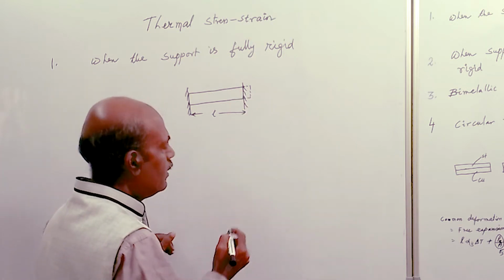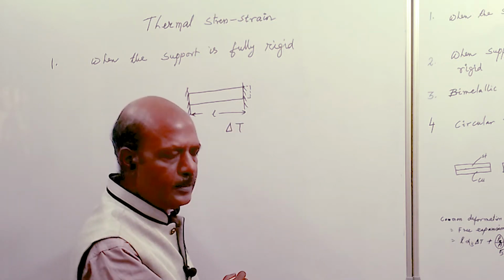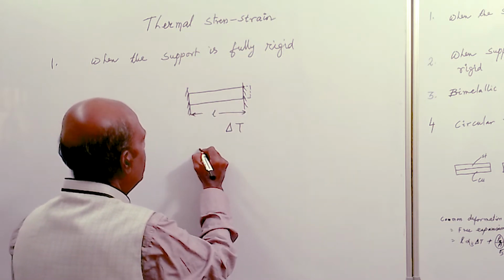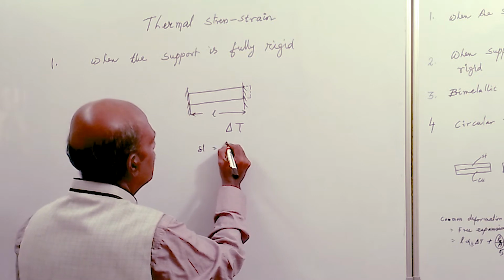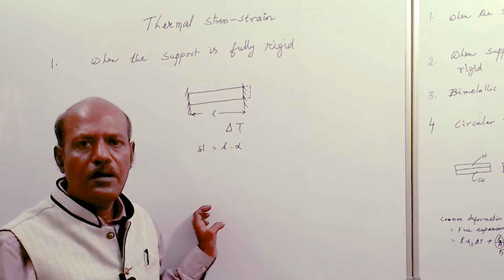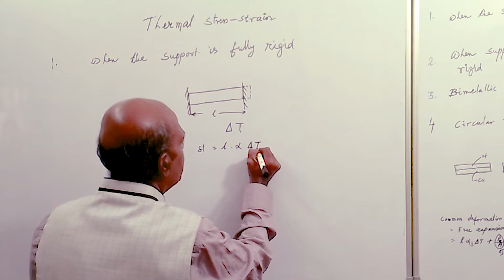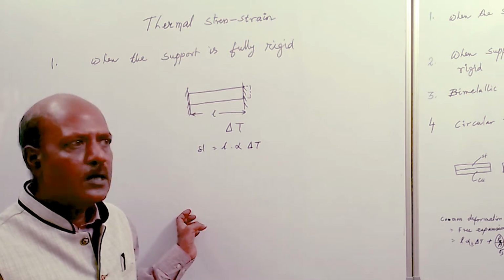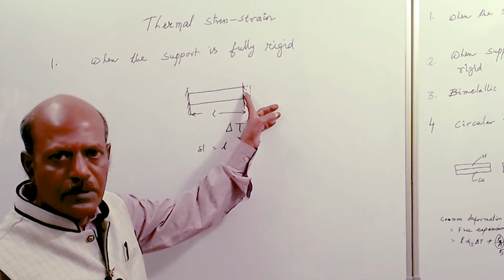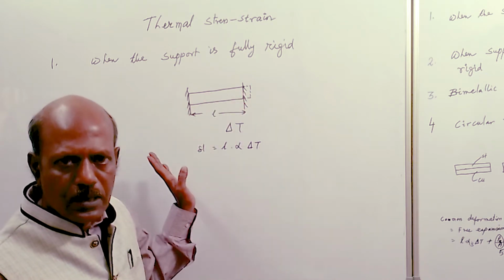Consider the rise in temperature as delta T. The expansion of the bar is given by delta L equals L into alpha into delta T, where alpha is the thermal expansion coefficient of the material of the bar, and delta T is either the rise or fall in temperature. If the temperature rises, the bar will expand. If the temperature decreases, the bar will contract.